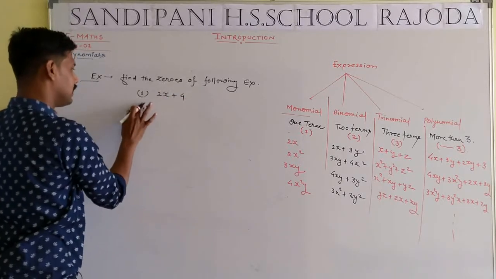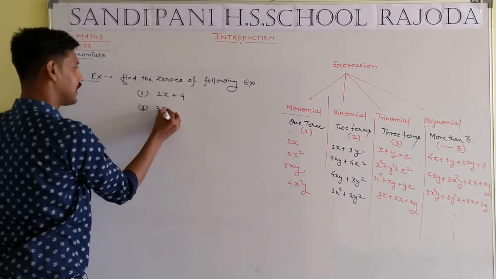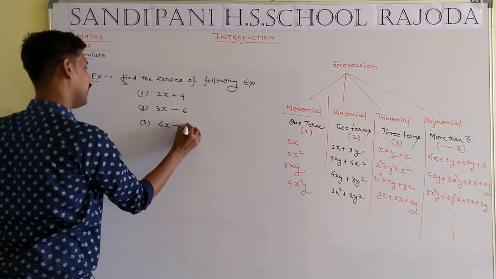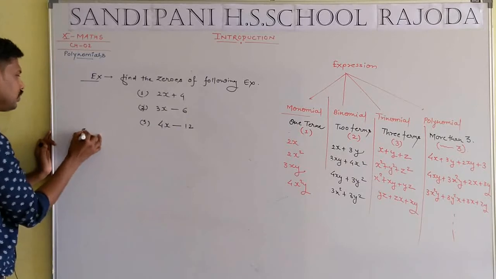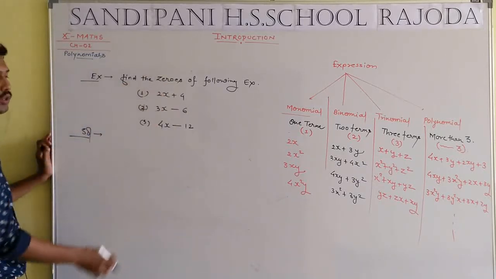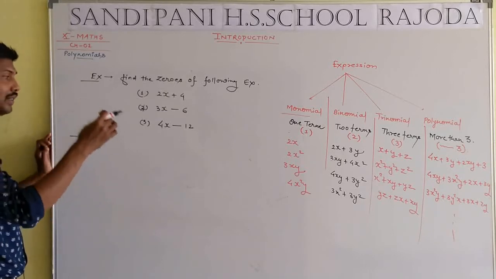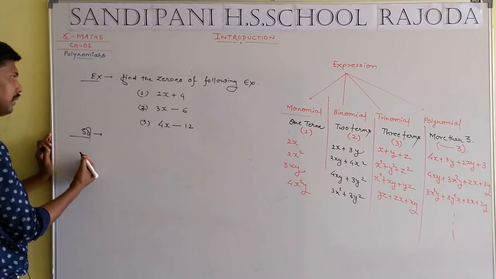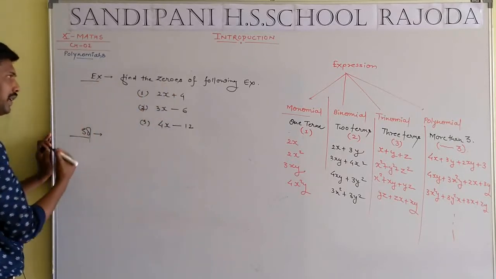Second, 3x minus 6. Third, 4x minus 12. So the solution of the first part: find the zeros of the given polynomial.